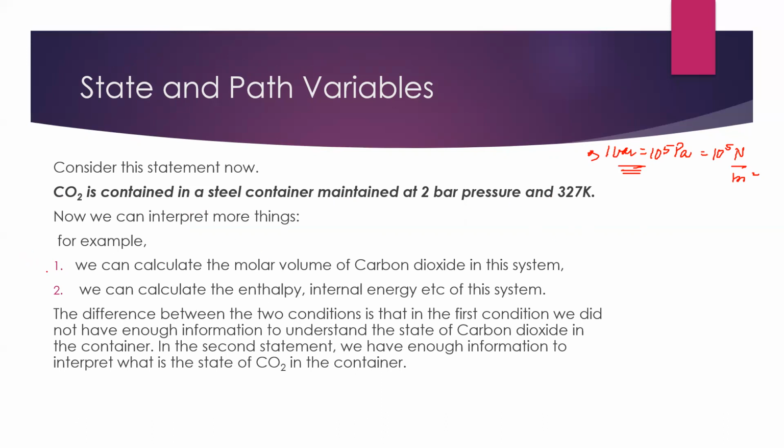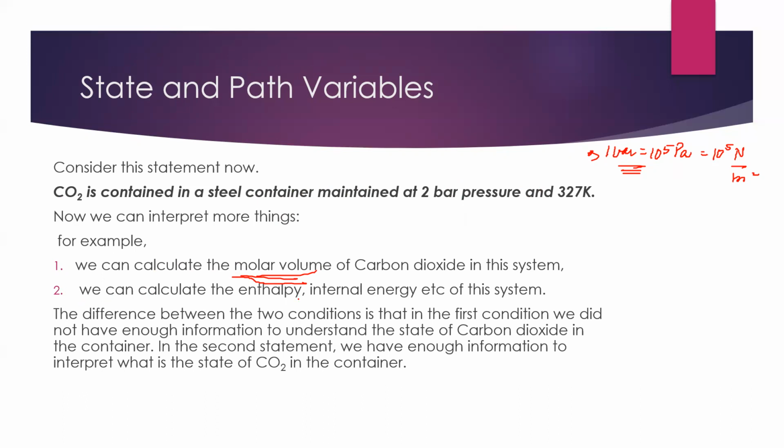Now we can definitely calculate. We have temperature and pressure. So first of all, we can get different properties of carbon dioxide, for example, its density, right? Then we can also get the molar volume. Since we have pressure and temperature, we can get volume per mole, the volume occupied by a single mole.